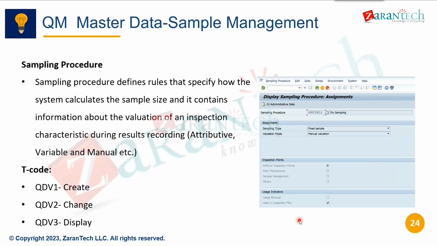This sampling procedure defines the rules for how the system calculates a sample, and also how the valuation has to be done for that particular characteristic during results recording, whether you need a manual valuation, an automatic valuation, or an attributive valuation, meaning based on accept and reject criteria of that characteristic, it will automatically evaluate as rejected or accepted.